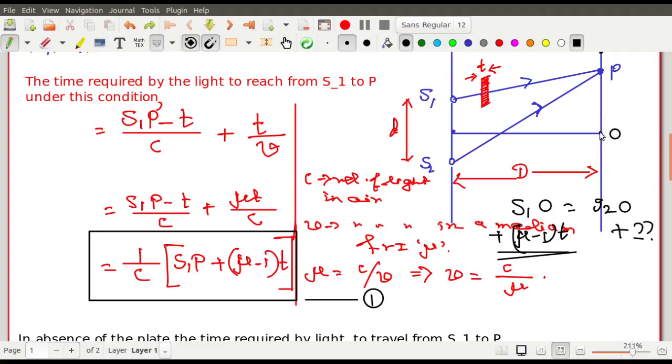And it cannot be now at O. এটা এখন আর ও তে থাকতে পারবে না, because the ray from S1 has to travel some extra distance, mu minus 1 T. The ray from S1 has to travel some extra distance, and in order to adjust it, তুমি তখন আর ও পয়েন্টে এটা রাখতে পারবে না. You cannot put it on the point O.